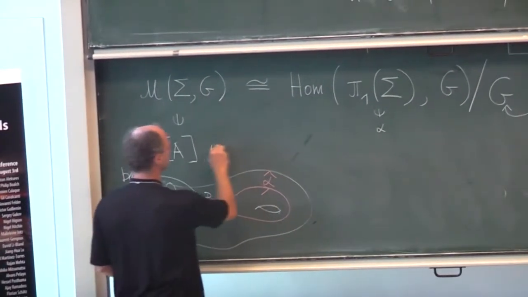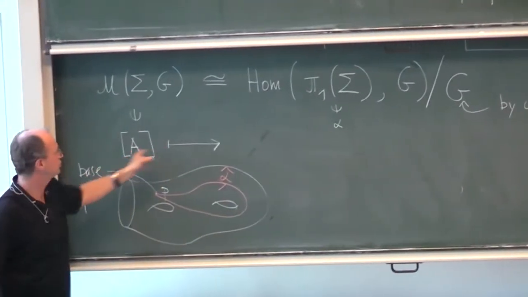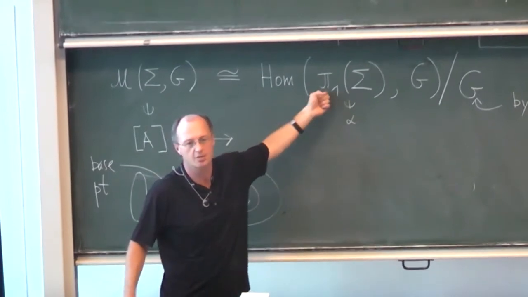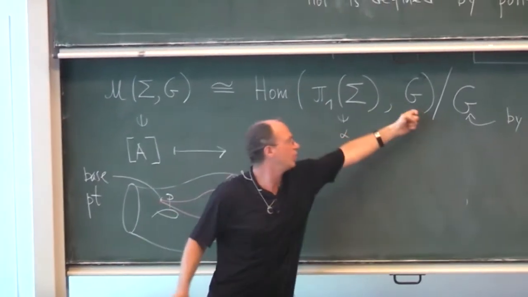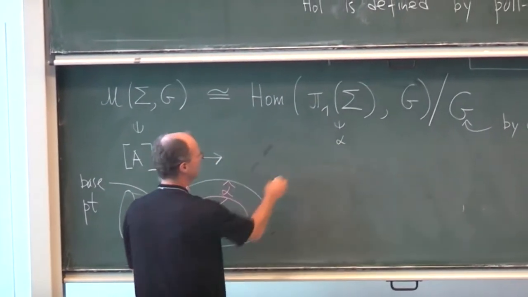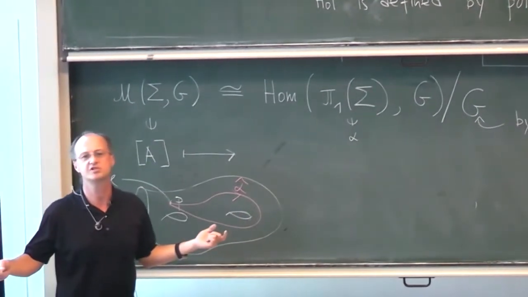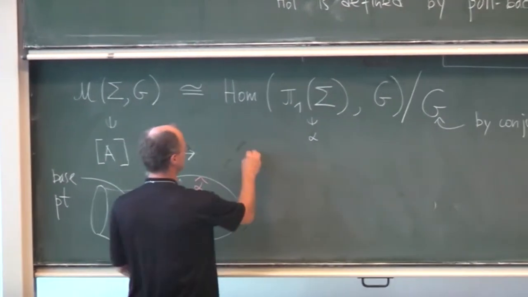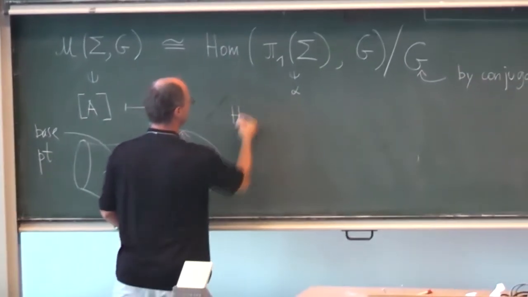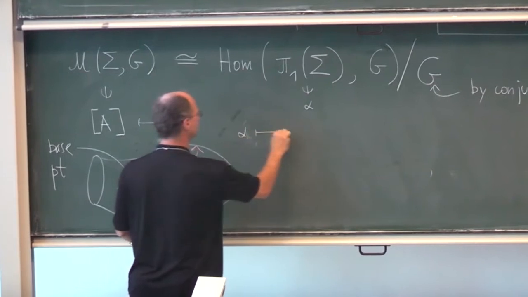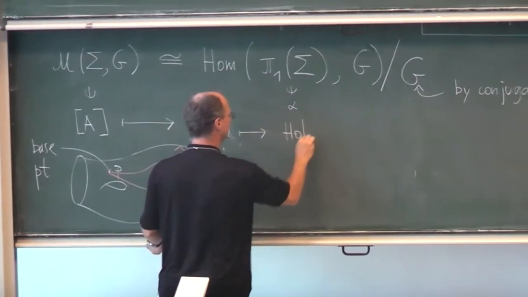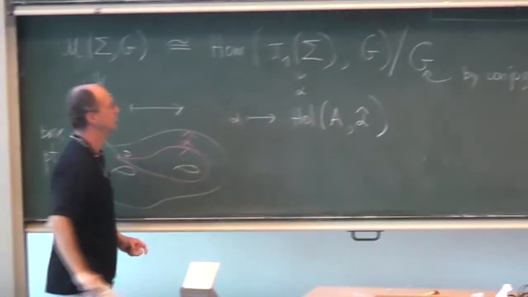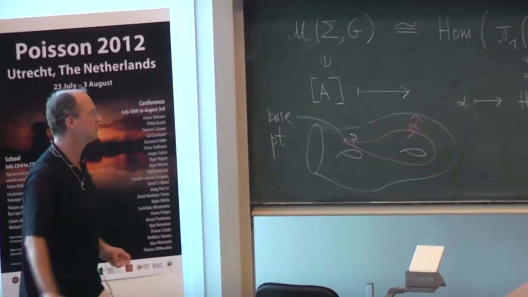So then this A should be mapped to a homomorphism from pi 1 to G. Well, now I guess since we started this hour with a discussion of holonomies, you see that this map will be mapping alpha to the holonomy of A along alpha hat. So that's the prescription.